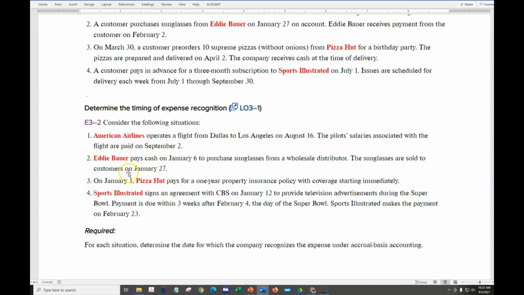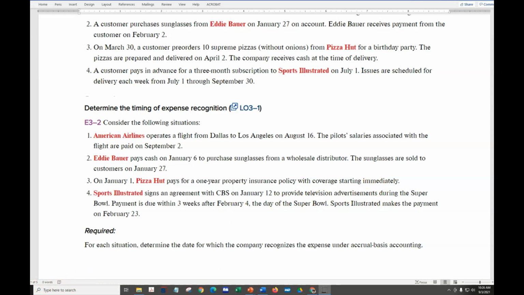Well, the answer is when they're sold to the customer on January 27th, because you want to match that expense with the revenue. They would recognize the revenue on January 27th along with the expense. Meanwhile, that purchase would go into an inventory account, an asset account. It would not be expensed until those sunglasses are sold.